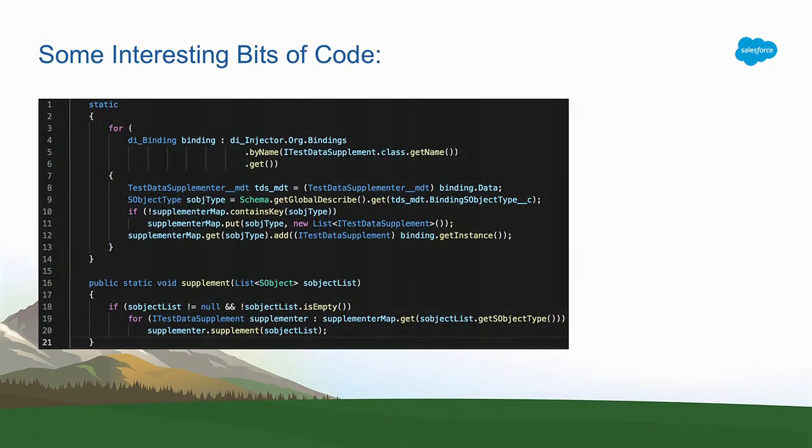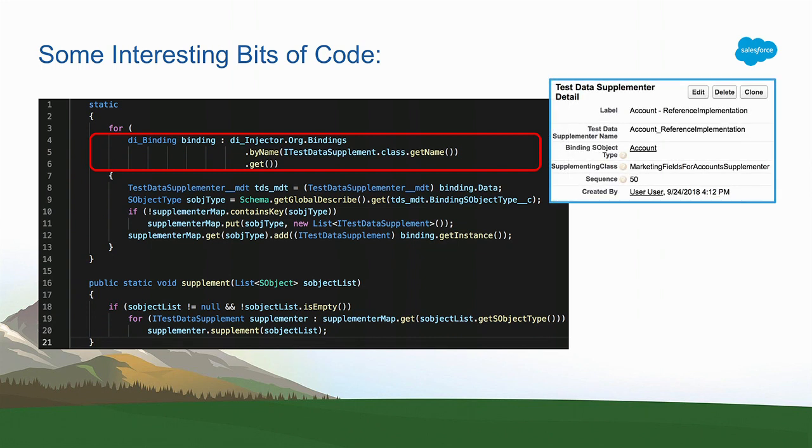All right, again, a little bit of interesting code here. This is the Force DI code that reads the custom metadata and pulls those in, and we iterate through and this is an example of the custom metadata where you see the account and the supplementer's name. I should highlight this in red. Maybe I'll do that for the next presentation.